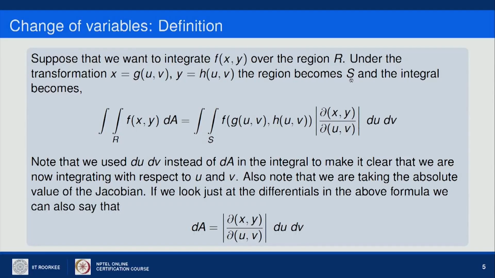So the region becomes S, and our original integral, a double integral over the region R of f of x y dA, will convert into: the region is now S, x will be g of u v, y will be h of u v, times the absolute value of the Jacobian of x y with respect to u v, into du dv.